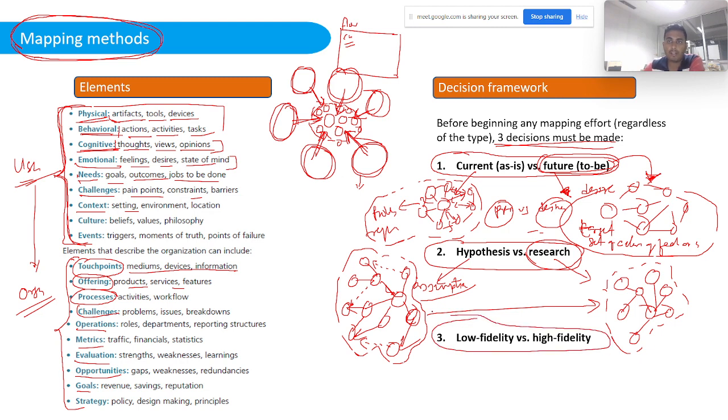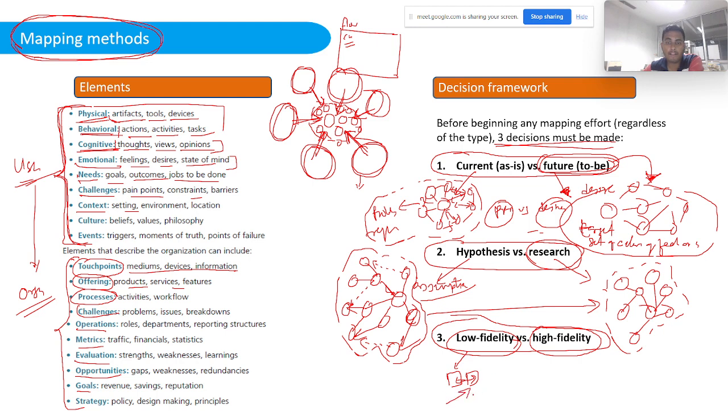The third consideration that we need to make is whether we are going for low fidelity mapping or high fidelity mapping. Low fidelity mapping means mapping when we use simple tools like sticky notes, which are often changeable.